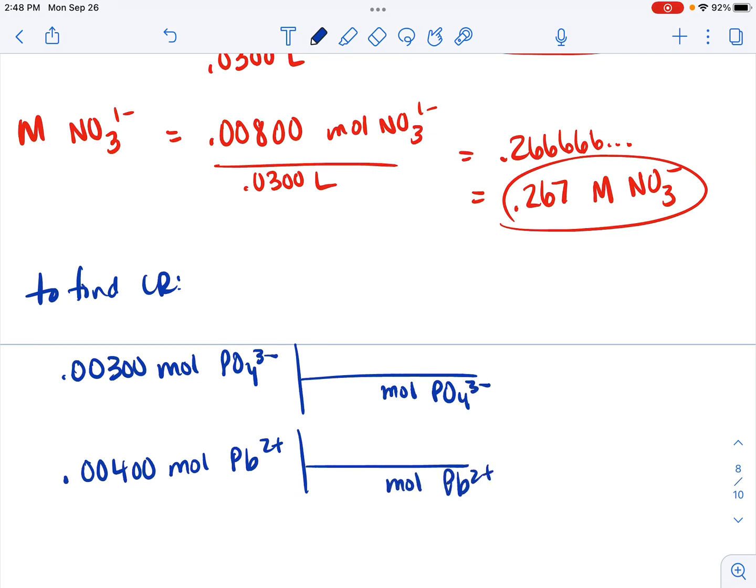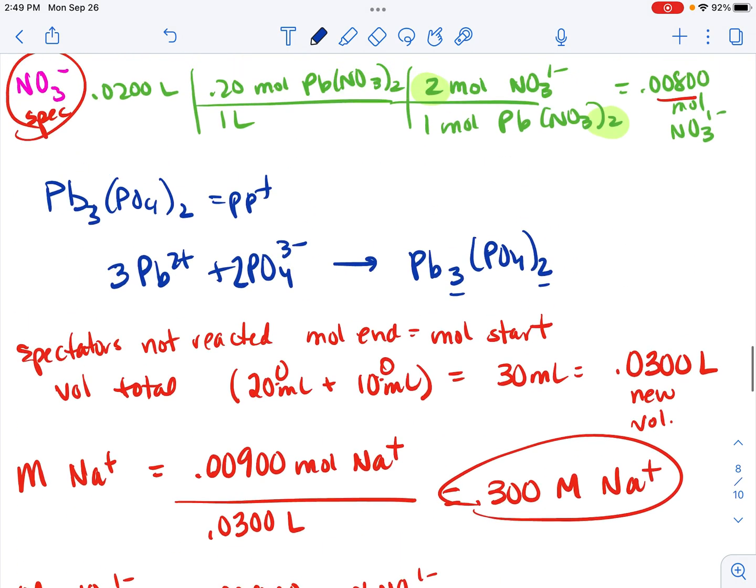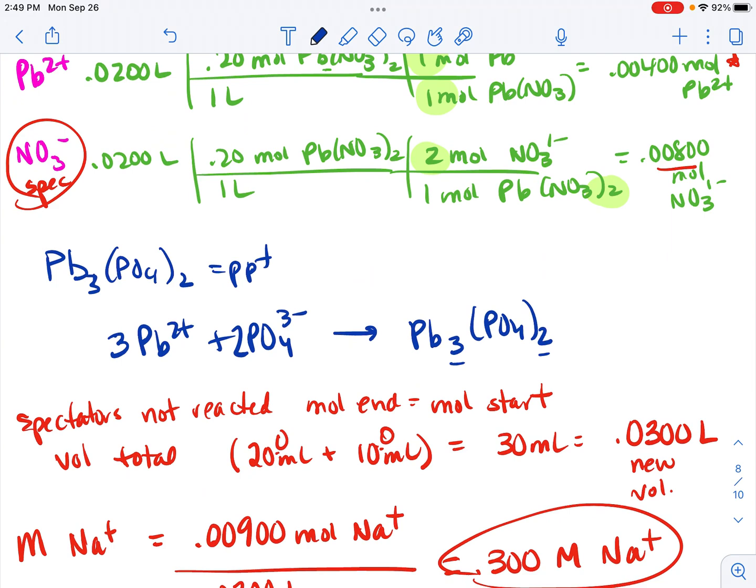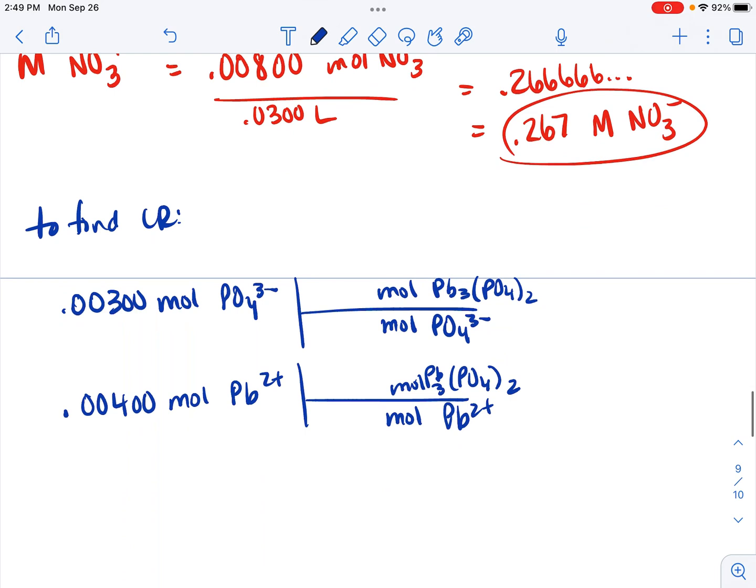So moles of phosphate or moles of lead ions, 2 moles of Pb3(PO4)2. And from my equation, I can see that there's 1 mole of the product formed for 3 moles of lead and 2 moles of phosphate.